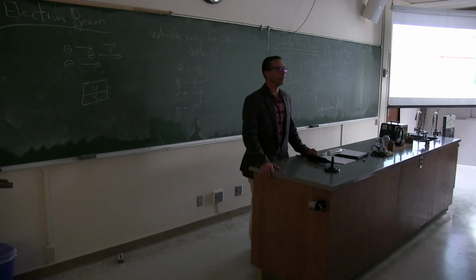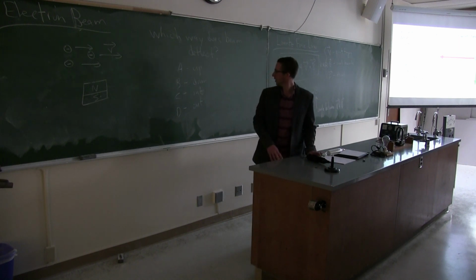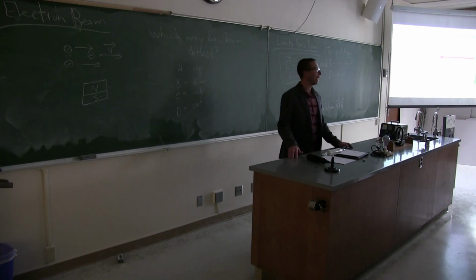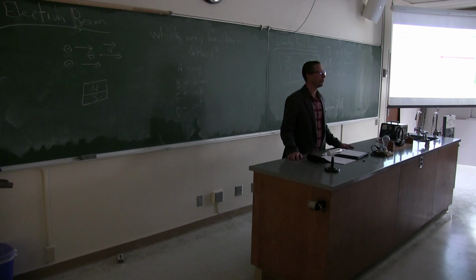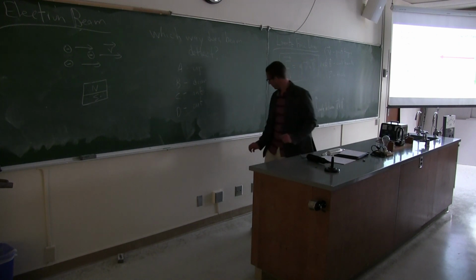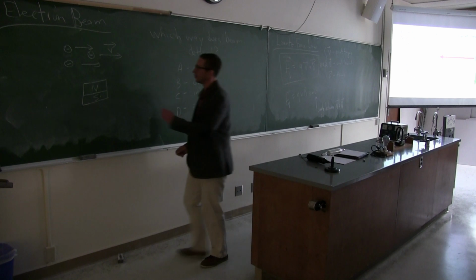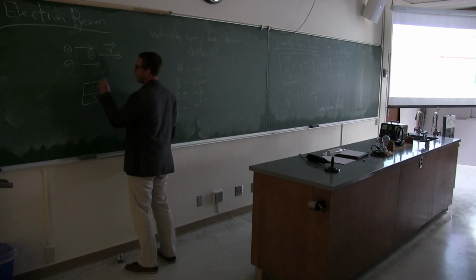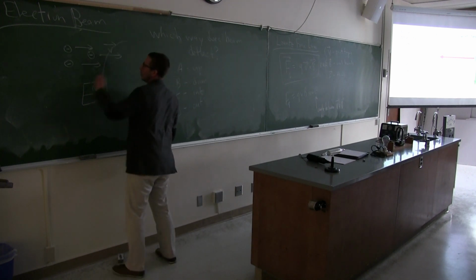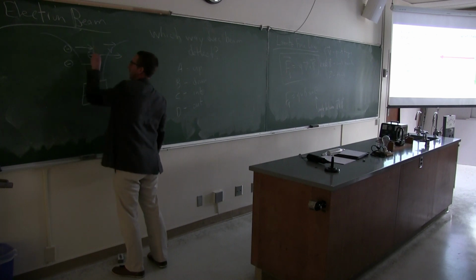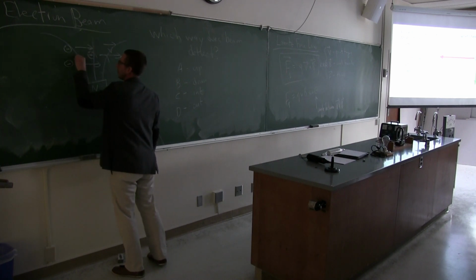All right, let's take another vote here. So, 3, 2, 1. Okay, the majority are saying C, which is correct. It's into the board. One way I could see that is the magnetic field of this magnet sort of points upwards like this.